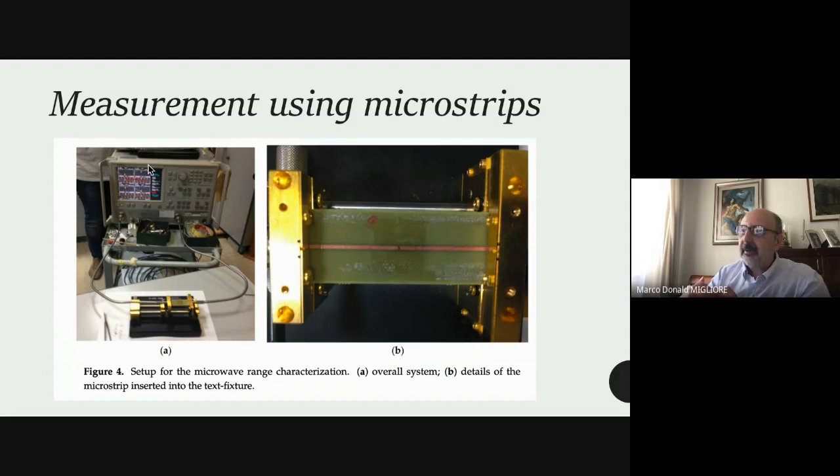This is an example of the measurements that we did with the help of Antonio, at the microwave laboratory, and some of you know this device very well. And in this case, we used a calibration method that was optimized for this kind of device.